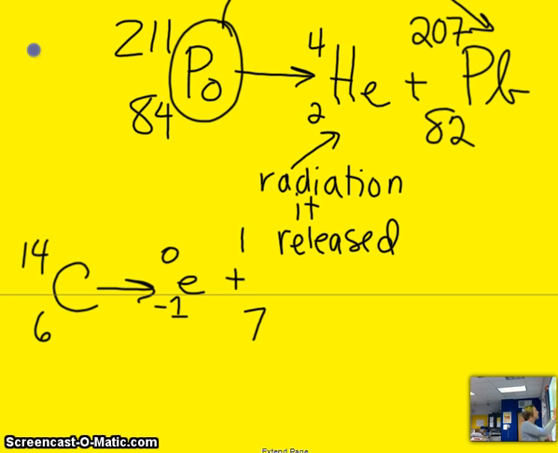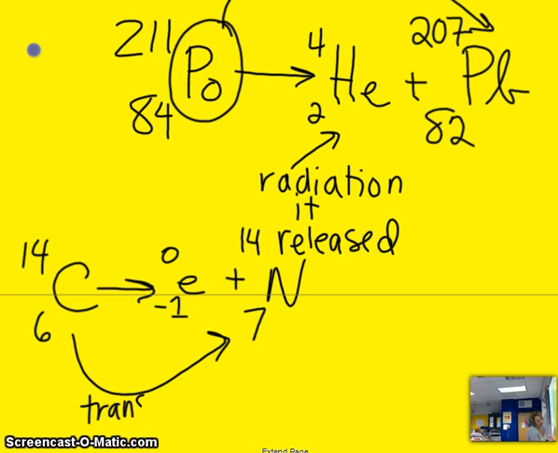And that element is nitrogen. So carbon transmutates, or turns into a new element through the release of radiation. So when things undergo radioactive decay, they become new elements. They're actually changed, their number of protons, and turned into a new element because these are nuclear changes.